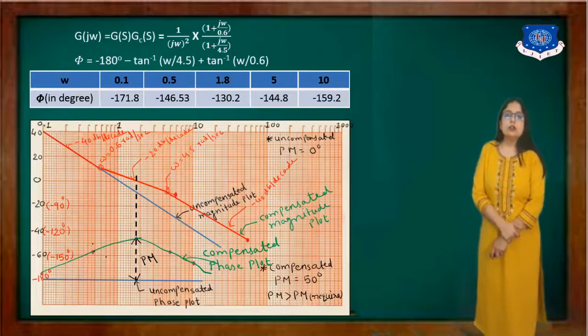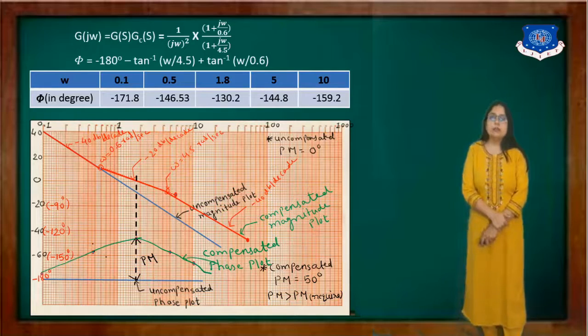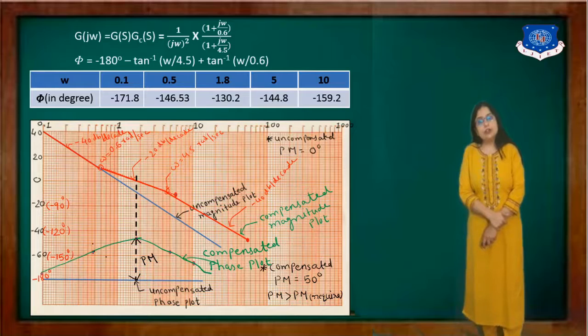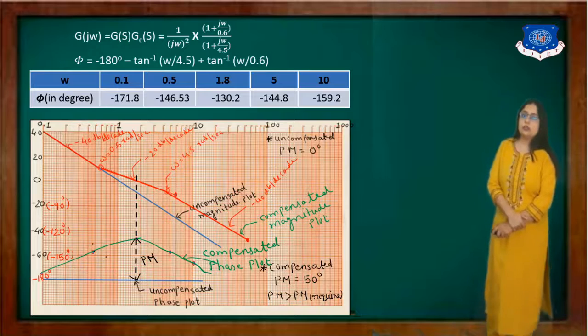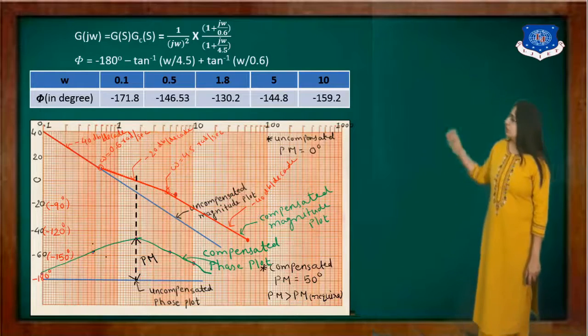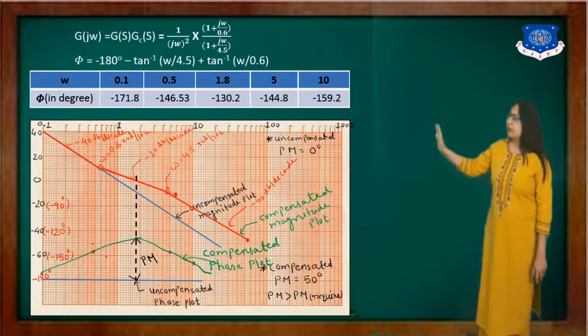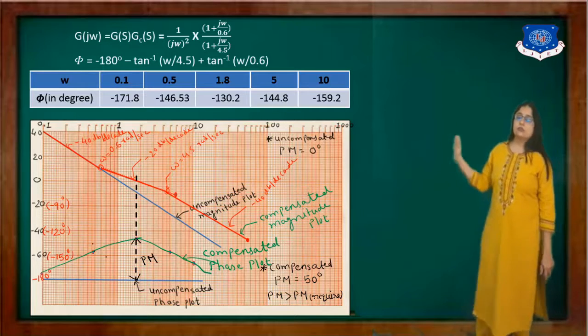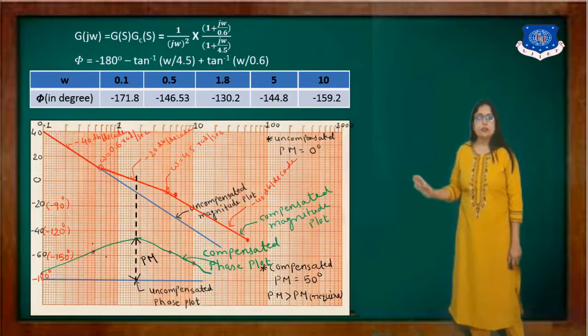So that equals what? Your phase margin equals 50 degree. And my required phase margin is what? It's 45. So that is okay. 50 degree is greater than 45. So whatever the system that we have designed, that is proper, that is okay.